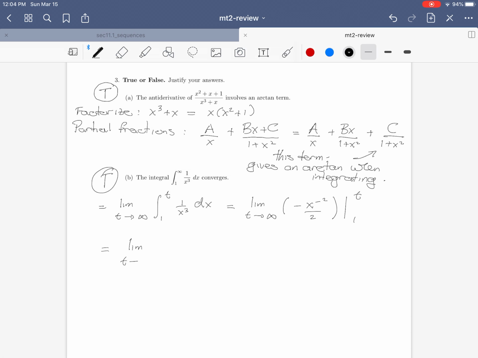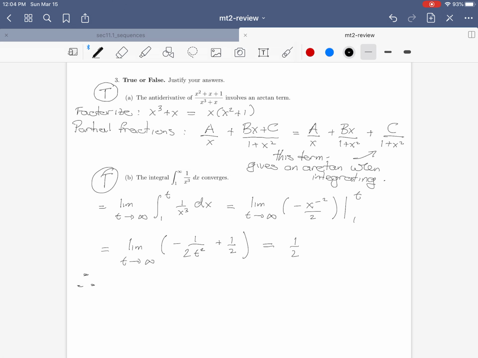So this is the limit as t tends to infinity of negative 1 divided by 2t squared plus 1/2, evaluating this at the lower limit. And as t tends to infinity, t squared tends to infinity, 1 over t squared tends to 0. So what we're left with is 1/2. Okay?